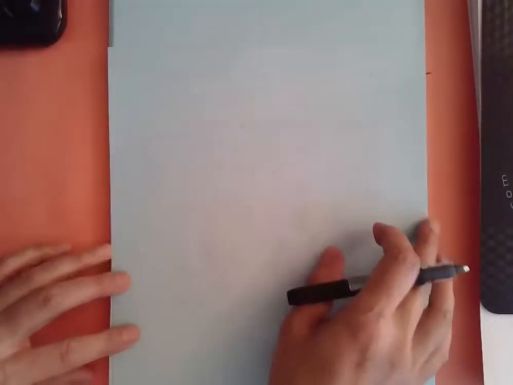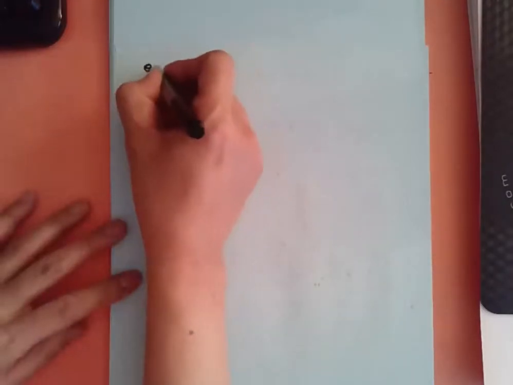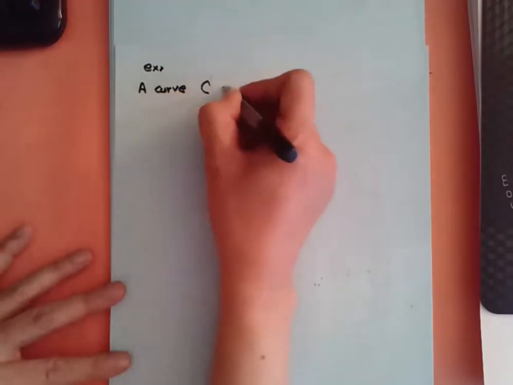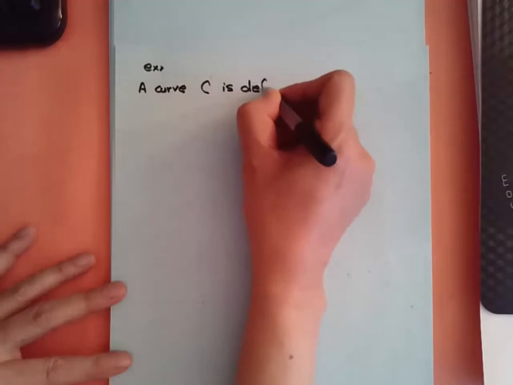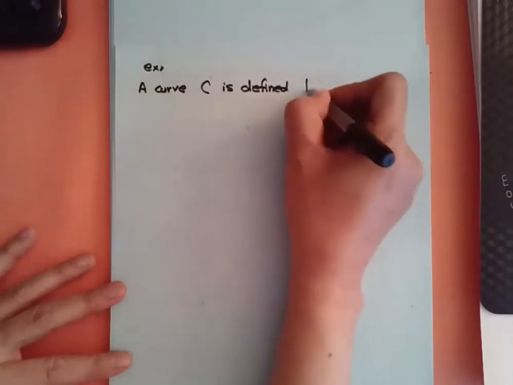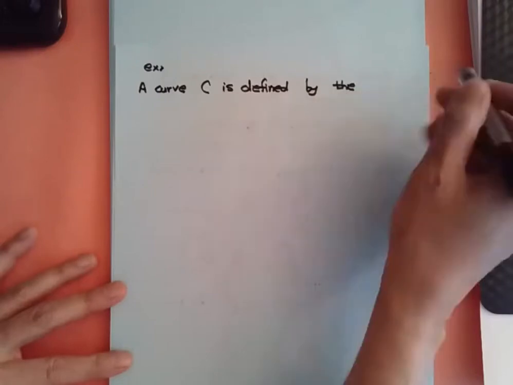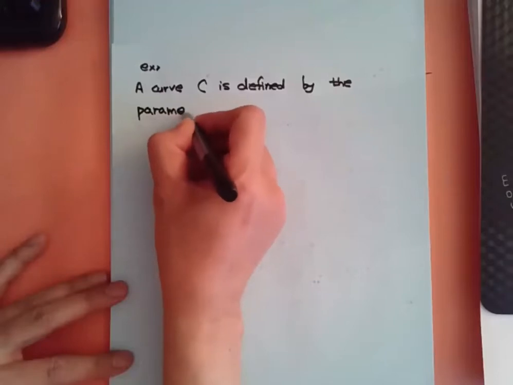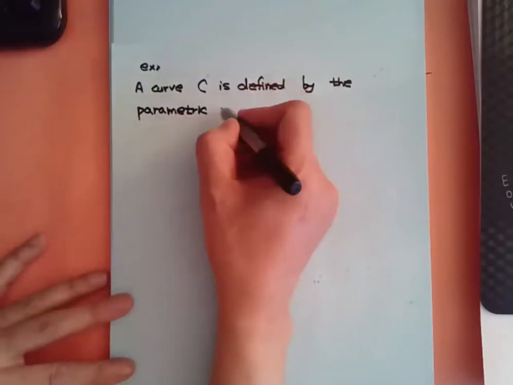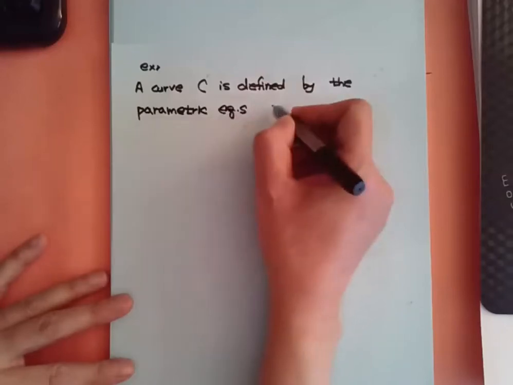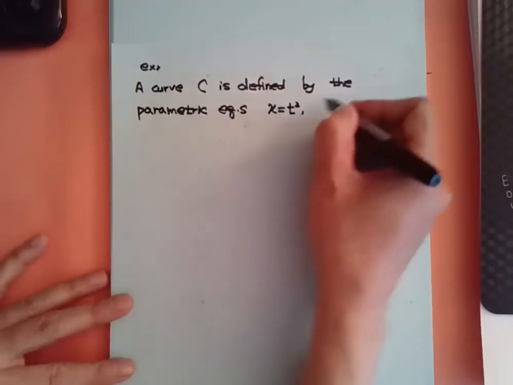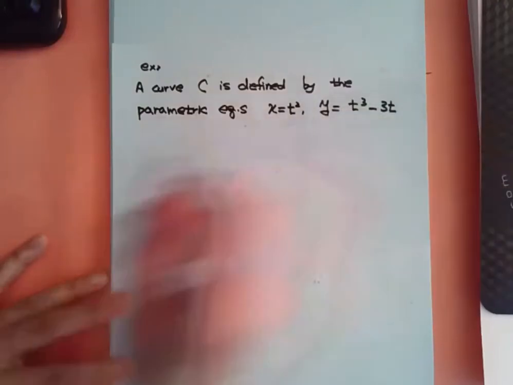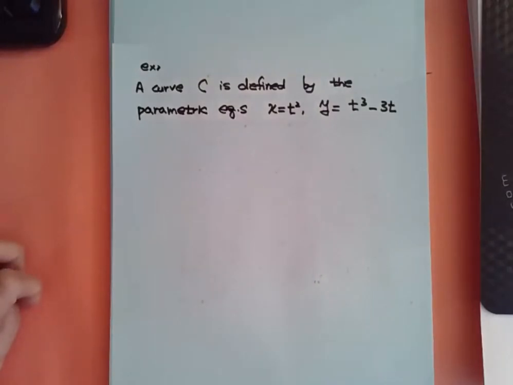Let's do a long example. A curve C is defined by the parametric equations x equals t squared and y equals t cubed minus 3t.